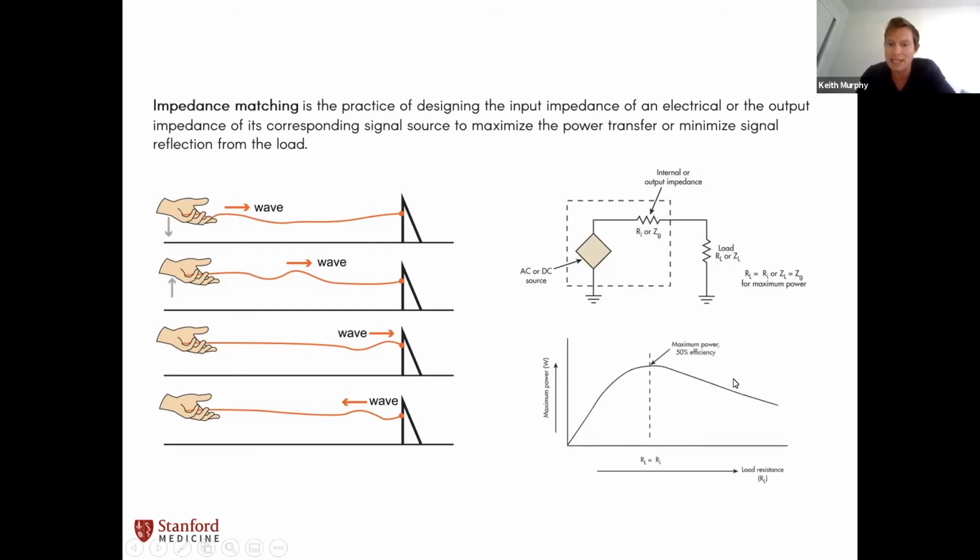If you want to maximize power, your load impedance should be equal to your internal or output impedance. As soon as you start to lose that balance between the two, you're losing efficiency. That requires more battery or power usage, and it may also cause more heating in your wire because you're getting standing waves, bouncing back and reflecting power into your wire.